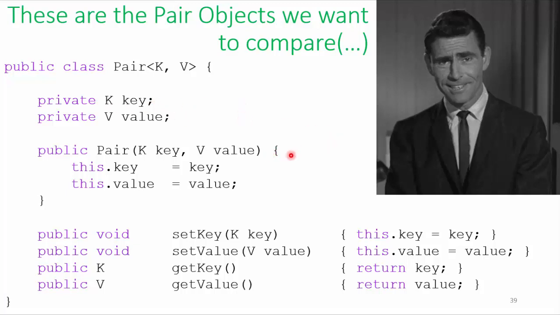We have a constructor, just as before, and then we have two more methods than our previous example. So we still have the getKey and getValue accessors, but in addition we have two mutators, two setters, setKey and setValue, and they work exactly as you would assume they work. Okay, they take a parameter and assign it to the corresponding field. So this is actually the class Pair we are going to use in this example.